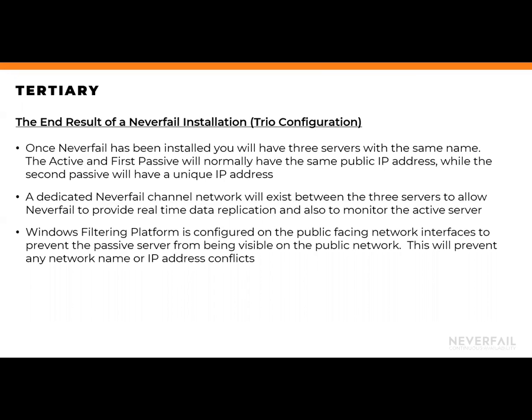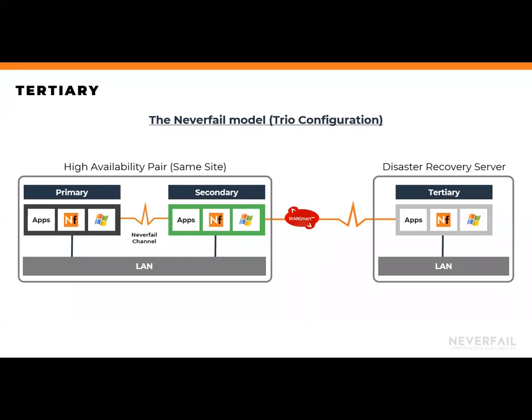When we use the Windows APIs to do the failover process and assign the IP addresses at time of failover, it just works. It's awesome. So there's no IP address conflicts. There's no name conflicts. Notice that you have the green copy and then you have the gray copy, all of which have Neverfail installed, all of which are clones of one another, all of which have the same application.